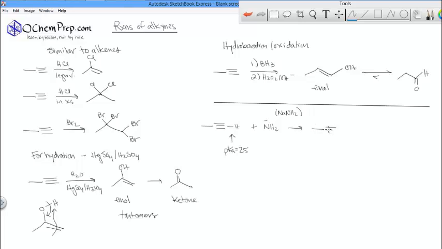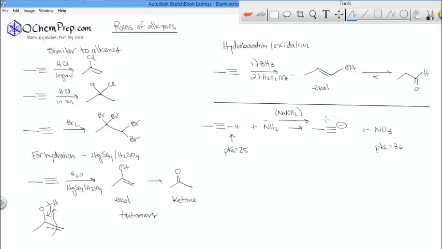You end up getting a minus charge on this alkyne and NH3. If we review our acid-base chemistry, this has a pKa equal to 36. So the equilibrium lies this direction. So NH2 minus can pull off this proton.